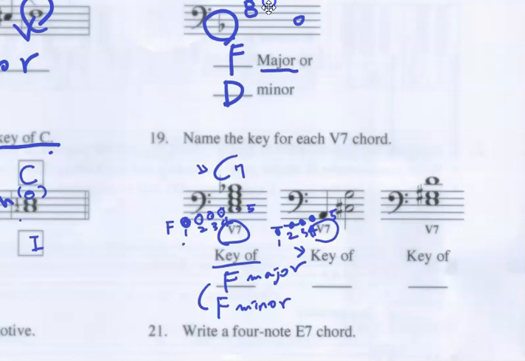So first note is D, right? So D is tonic. So this is key of D major or D minor. Both are correct because they share the dominant 7th chord. So in D minor, I, V7, I. That works. Okay, and let's move on to the next question.